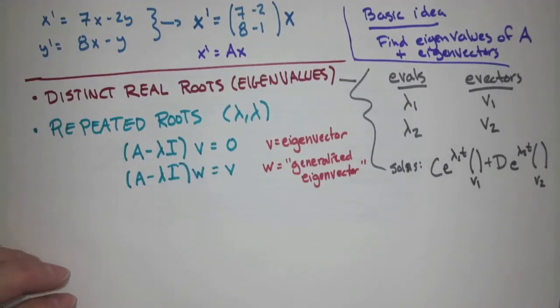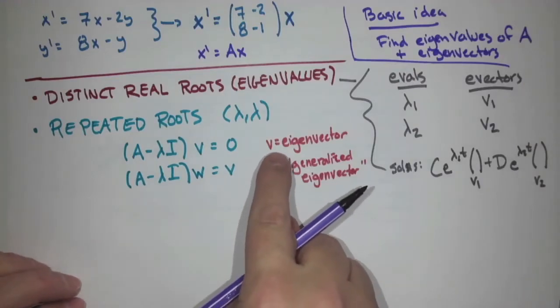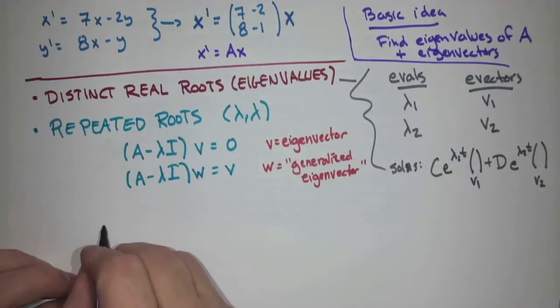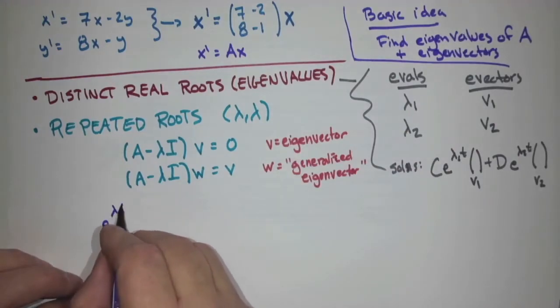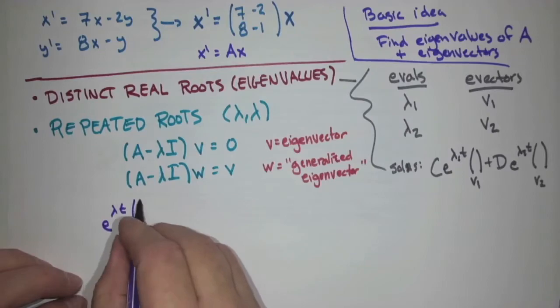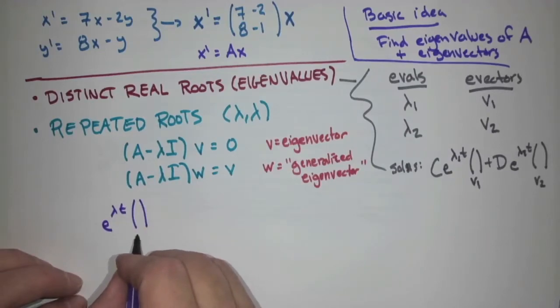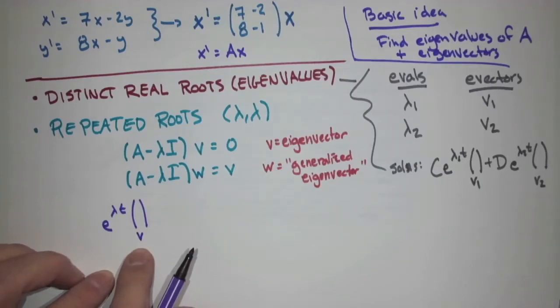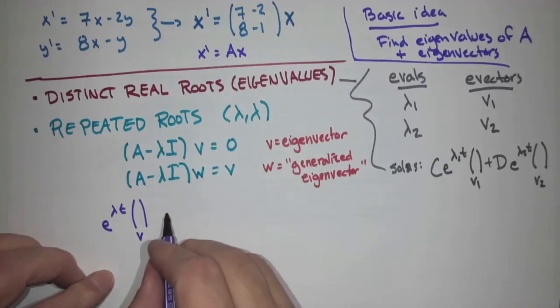Okay, so that's the vectors. What do the solutions look like? Well, the first solution is the same sort of idea that we had before. We'll have e to the lambda t times an eigenvector, and that eigenvector is v. So that's solution number one. What's the second solution look like?